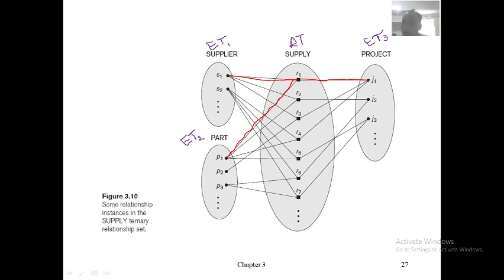There are n number of projects. He may be supplying for all the projects or only one project. In this example, supplier S1 is supplying part P1 to project 1. Is it understood, all of you? Yes, sir.